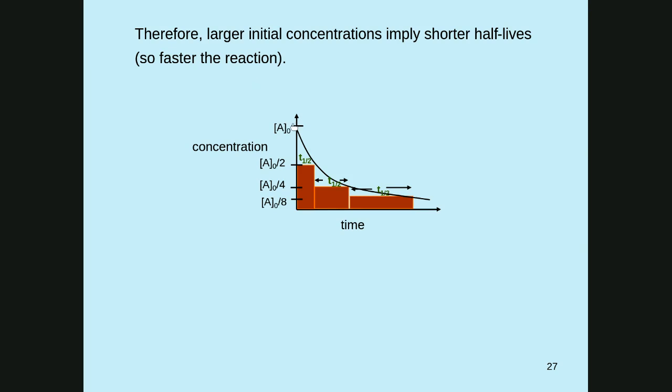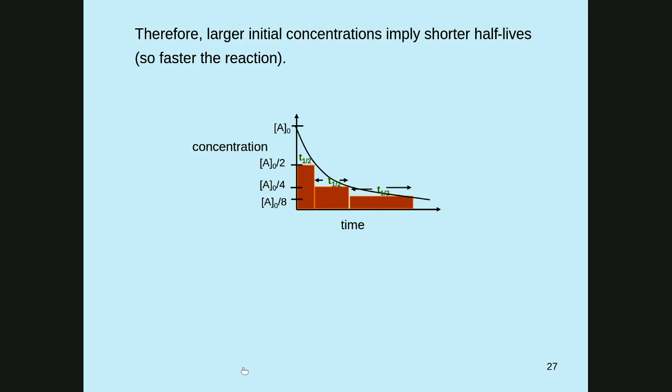Okay, so if we now start with initial concentration A naught and wait for a time t1/2 for it to fall to half A naught, then the time it subsequently takes to fall off to a quarter A naught, so half of half A naught here, that time will be longer, will be twice as long as the first t1/2. No?